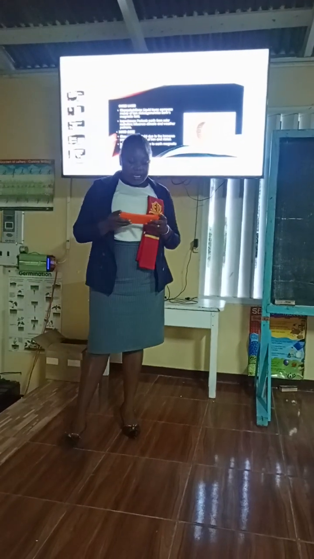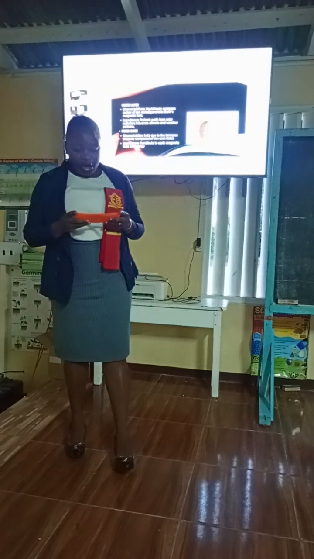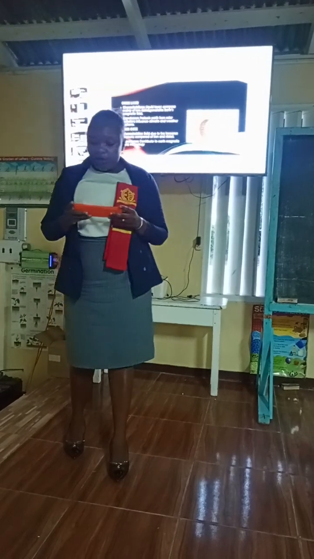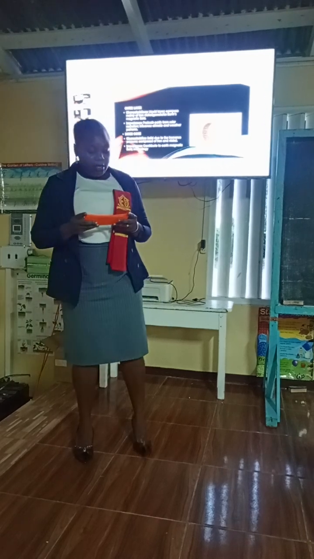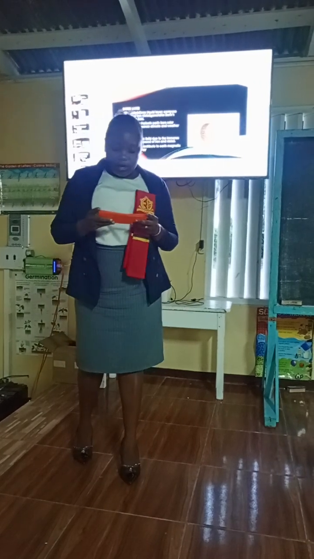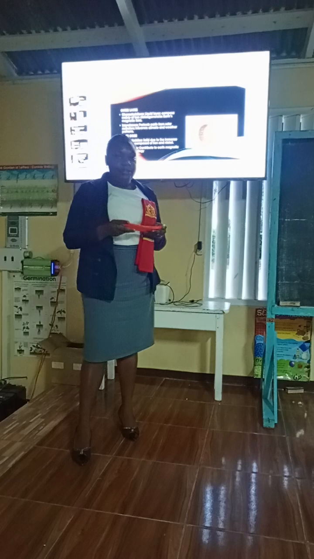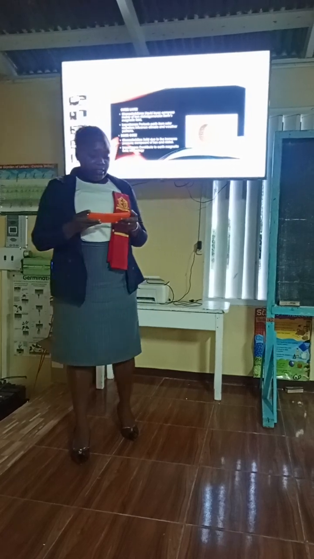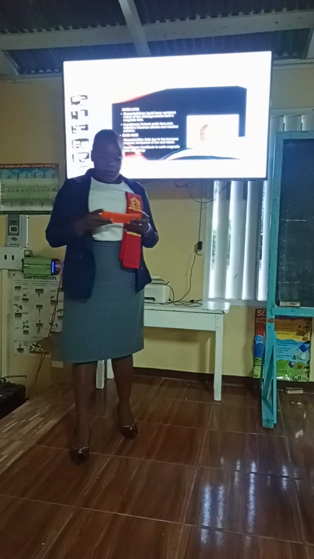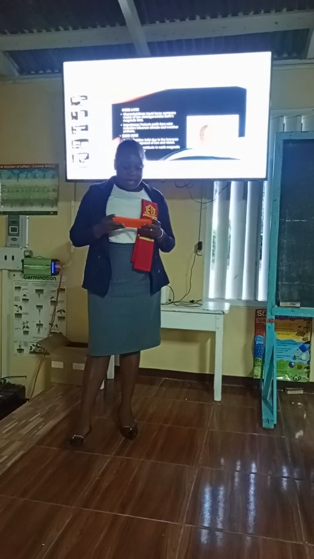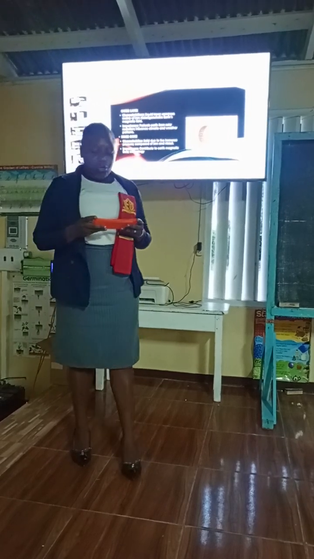Inner core. The inner core is a solid sphere of iron and nickel with a radius of about 1,220 kilometers. It is under intense pressure and heat, which keeps it solid despite the high temperature. The inner core plays a role in the Earth's magnetic field and helps maintain the planet's thermal balance.